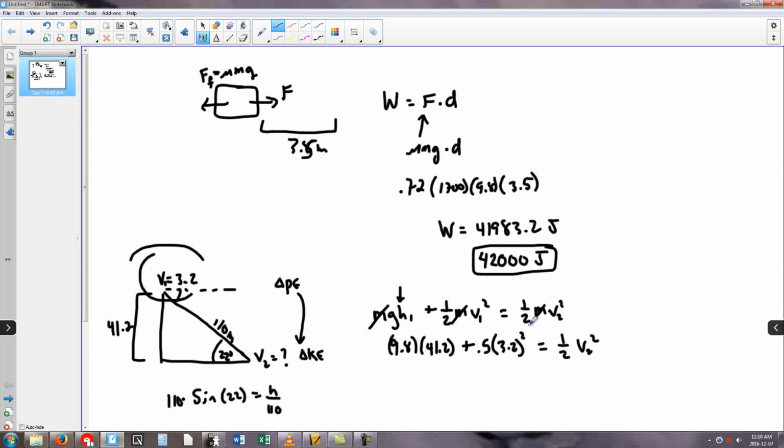I'm going to simplify all of this on the left. I'll times it by 2 and I'll take a square root. That's the half and the square. If I put that in the calculator correctly, one piece at a time, I'm going to end up with 28.5965, and I'll round that to roughly 29 meters per second.